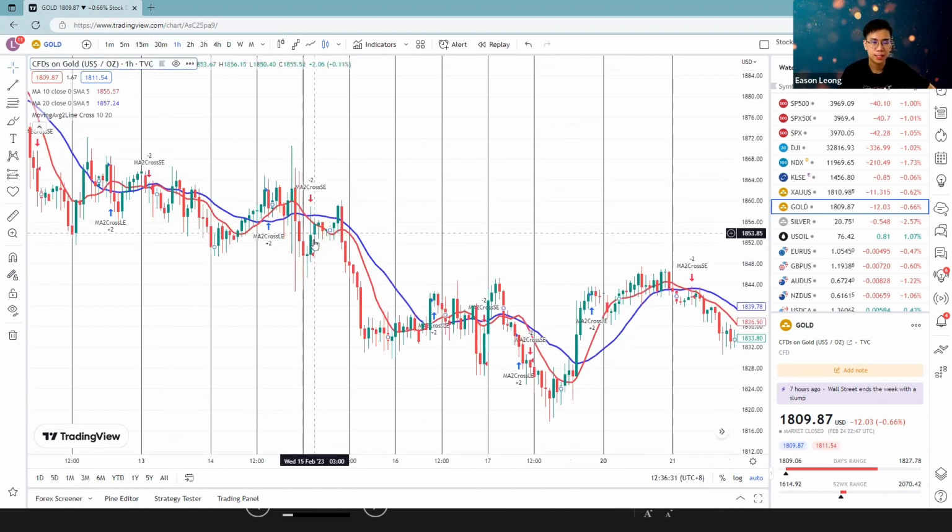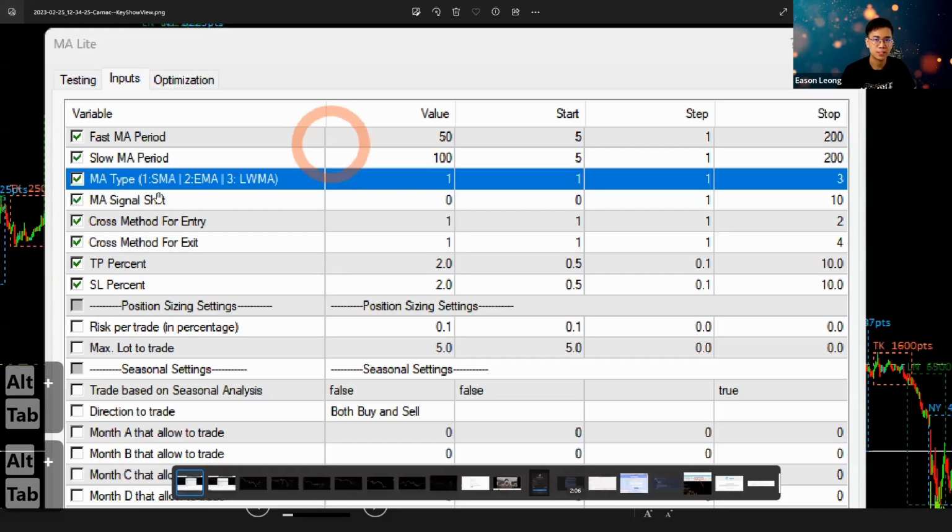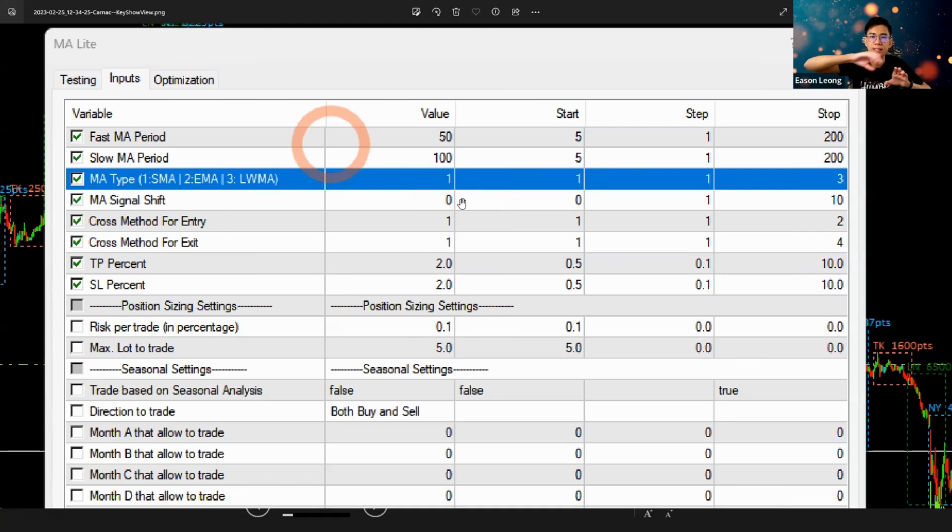So you see, it crossed down, it made a sell. Pretty good. But suppose that it should wait for the pullback, right? So instead of selling here, we ask the signal to wait for 3 candlesticks, meaning 1, 2, 3. Only at here, only then you enter back. So that is the purpose of the moving average signal shift. We shift how many candlesticks. So let it automatically find the best shift for us.